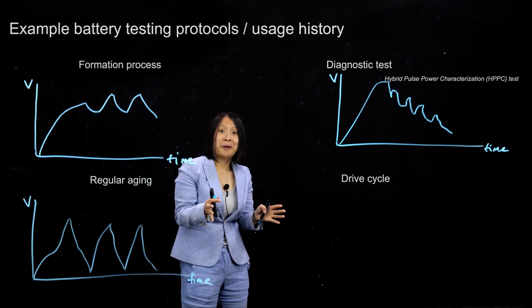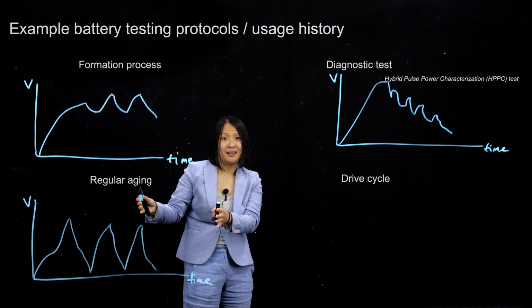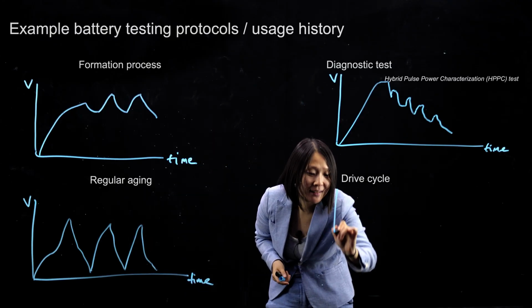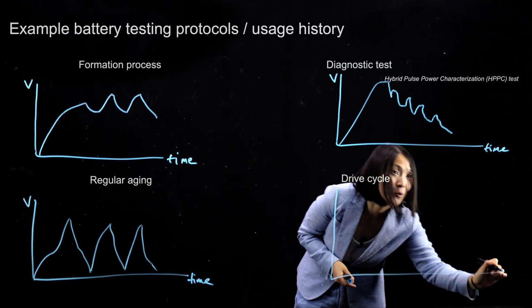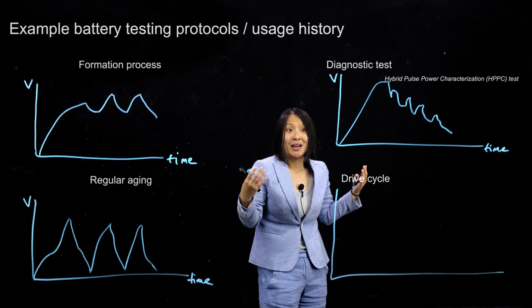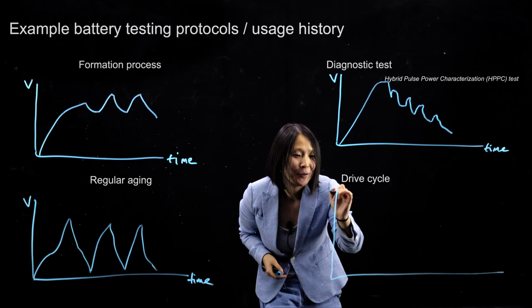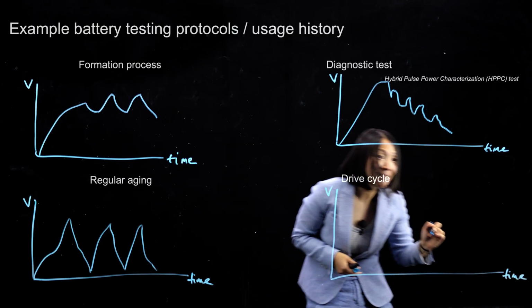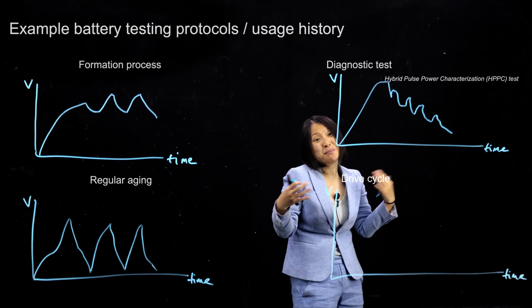And bear in mind, in the laboratory it is more controlled, but we can also take data directly from a drive cycle, where we have how the batteries behave in electric vehicles. And you can imagine typically the data in a drive cycle is much more irregular.